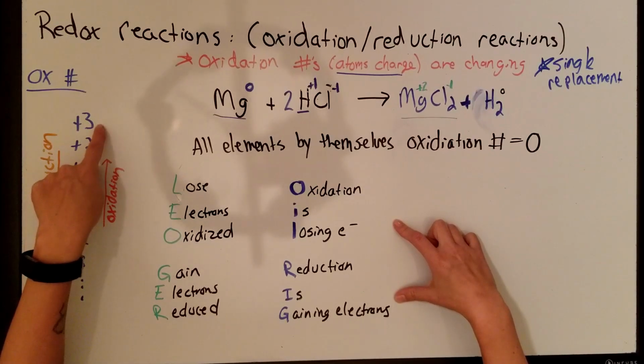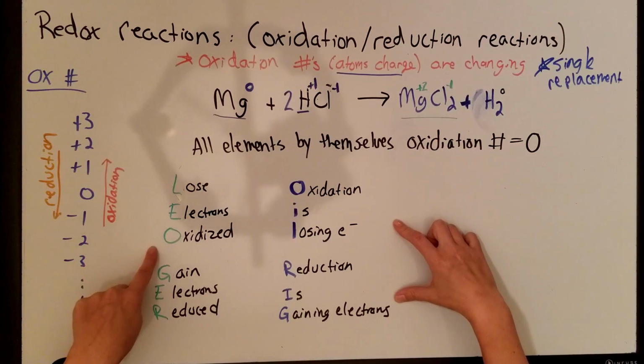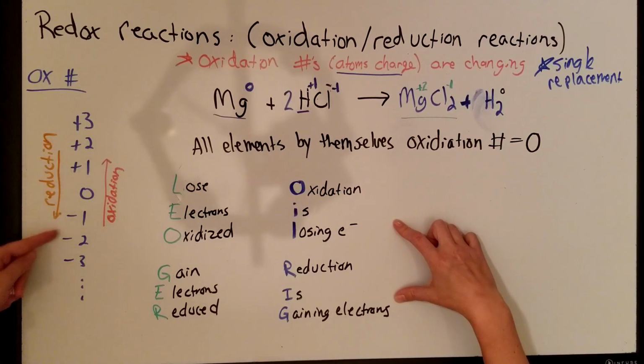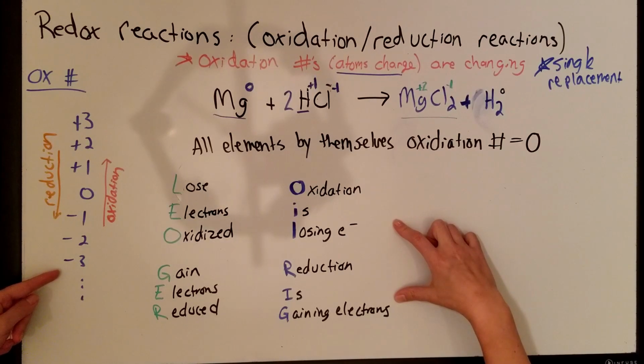So that's the element that's oxidized because it's going in that upward direction. So LEO the lion says GER, the GER part being gain electrons, reduced. If an element or atom gains electrons, it's going to now have a negative charge. So it's going in the downward direction of this number line. So it's gaining electrons, it's going to be reduced.